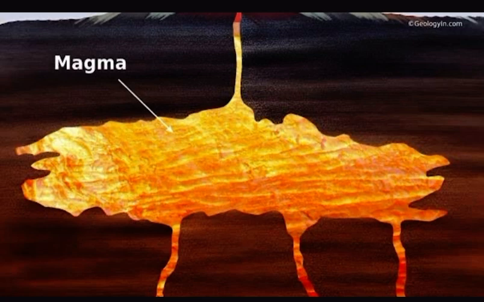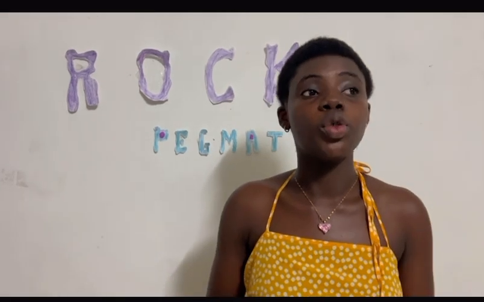So the magma, which is shown over here, can either be underground or come out from a volcano through a volcanic eruption, and it cools down and solidifies to create these particular types of rocks.